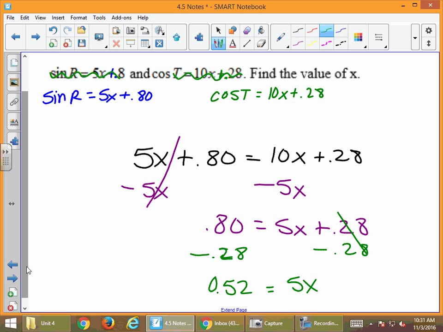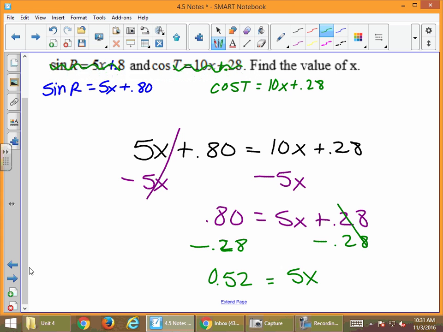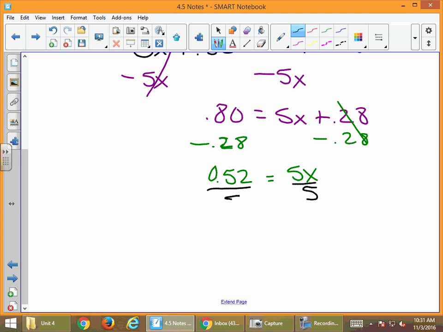And then what do we have to do with the 5? Subtract. And I know we're dealing with goofy decimals. That's okay. What's 0.52 divided by 5? Point what? 0.104.